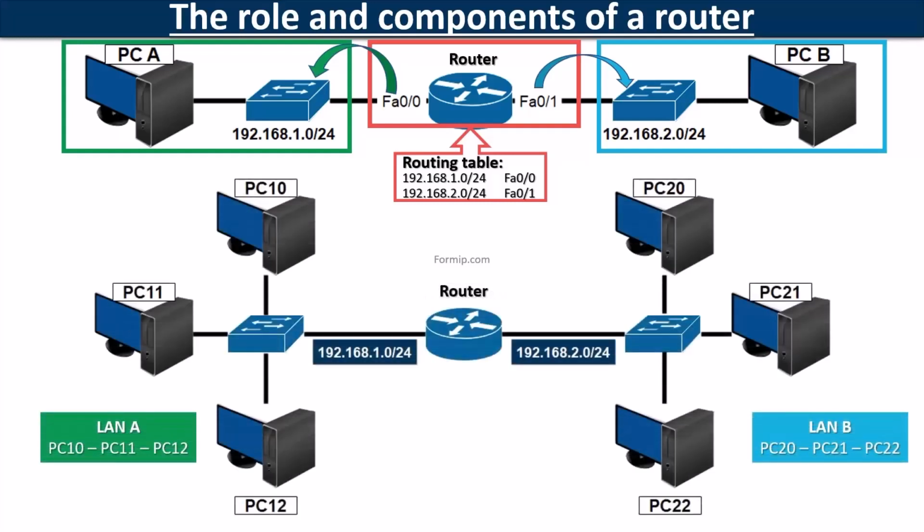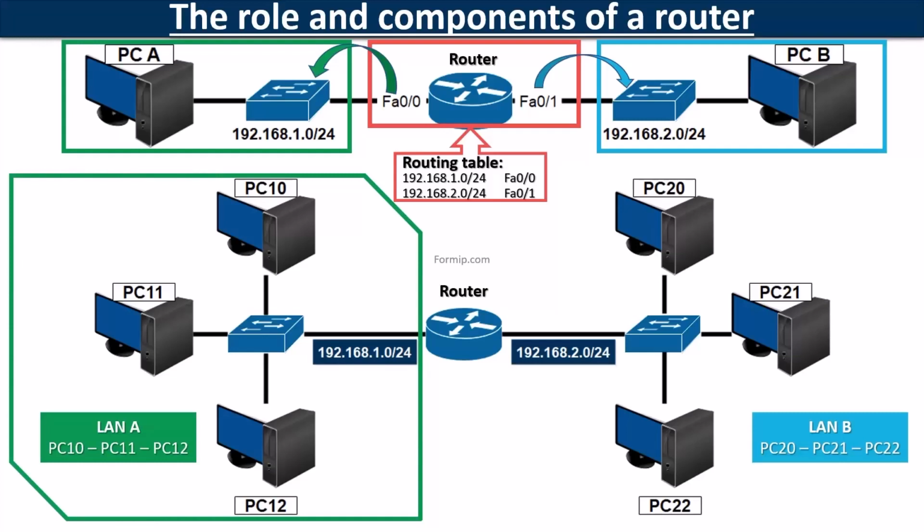On this new topology, which has just been displayed, the LAN-A switch switches its data between PC 10, 11, and 12 links. The left switch communicates only on the network 192.168.10.